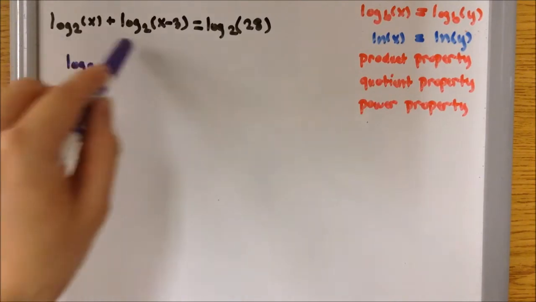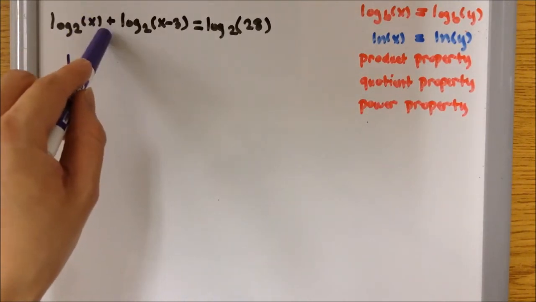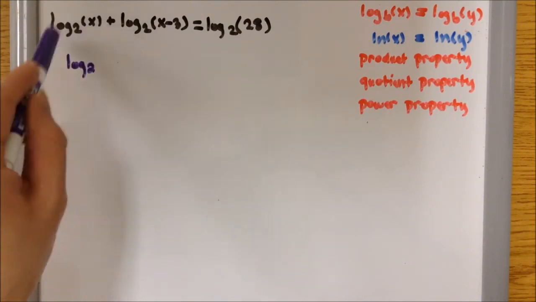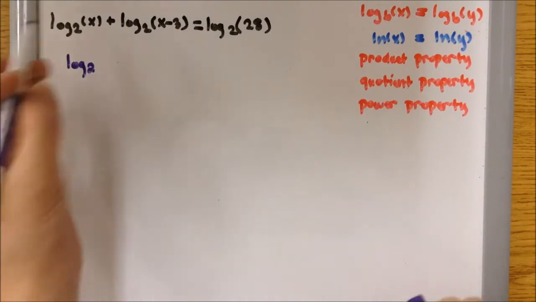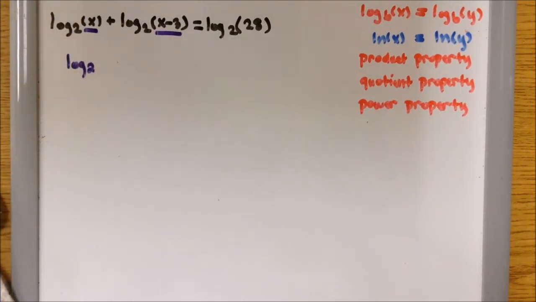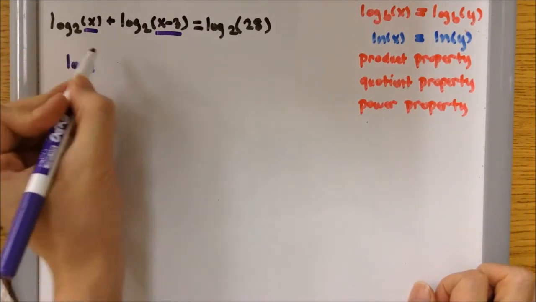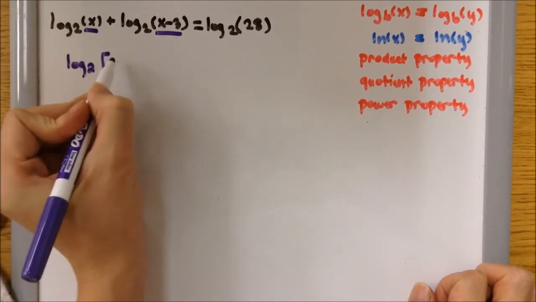So since, again, two logs with the same base, and it has a plus in between them, a plus between these two logs, that means I'm going to use the product property. So I'm going to multiply what is inside the parenthesis. So log base 2 of, and I'm going to use bracket so that you can easily see what's going on.